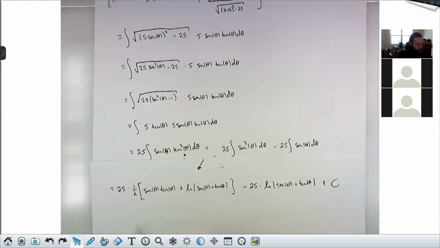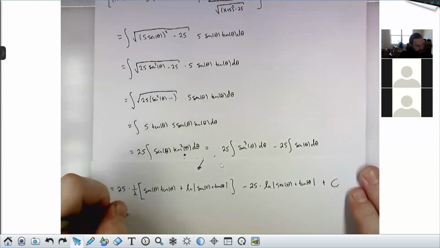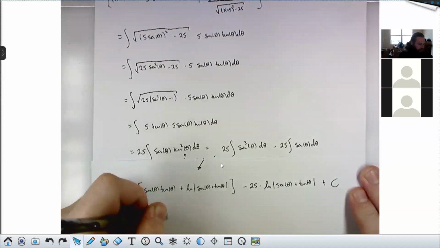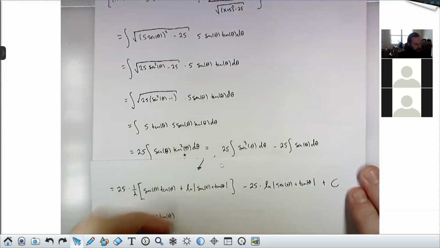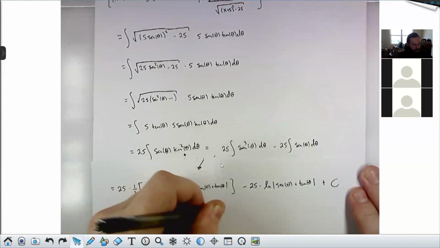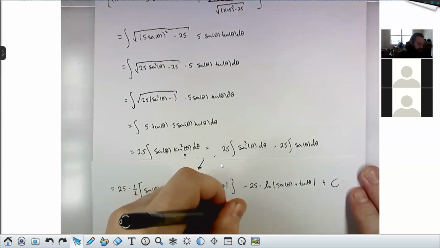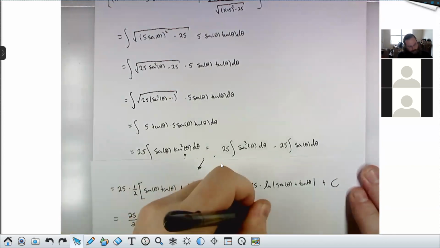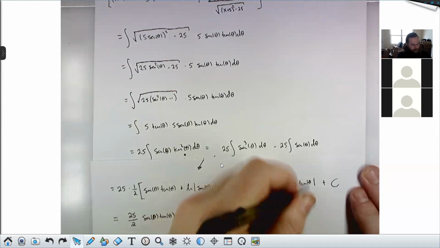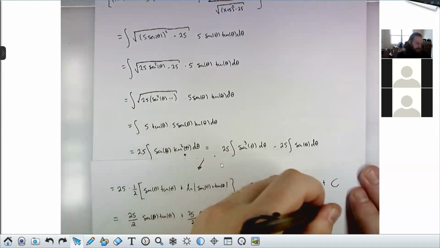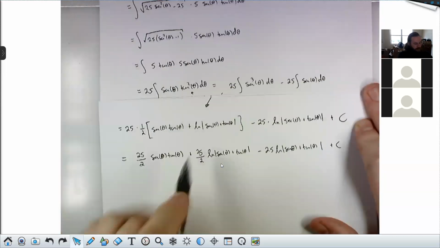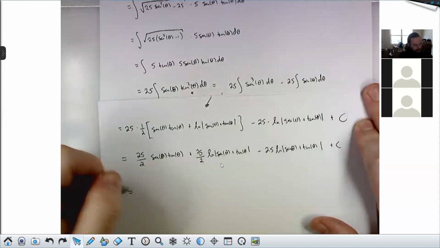And now finally we can combine like terms. So this is going to be 25 halves secant theta tangent theta plus 25 halves natural log secant theta plus tangent theta, minus 25 natural log secant theta plus tangent theta plus c, and these two can be combined. 25 over 2 minus 50 over 2 is negative 25 over 2.